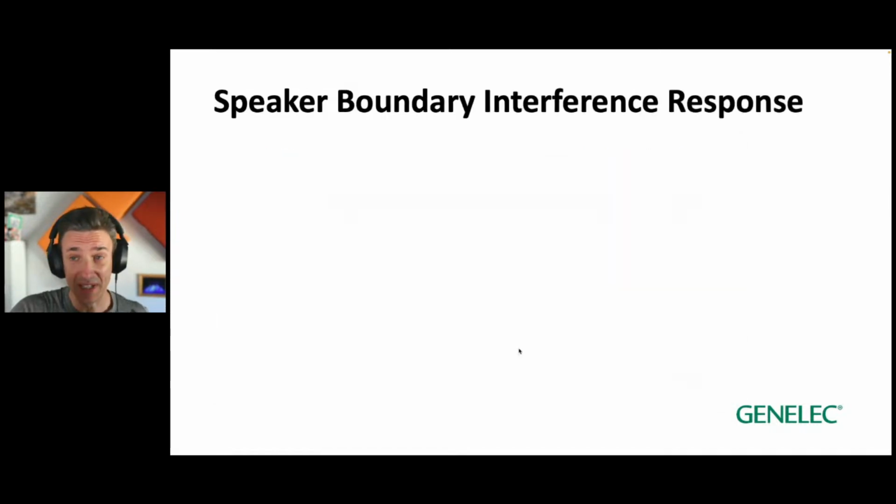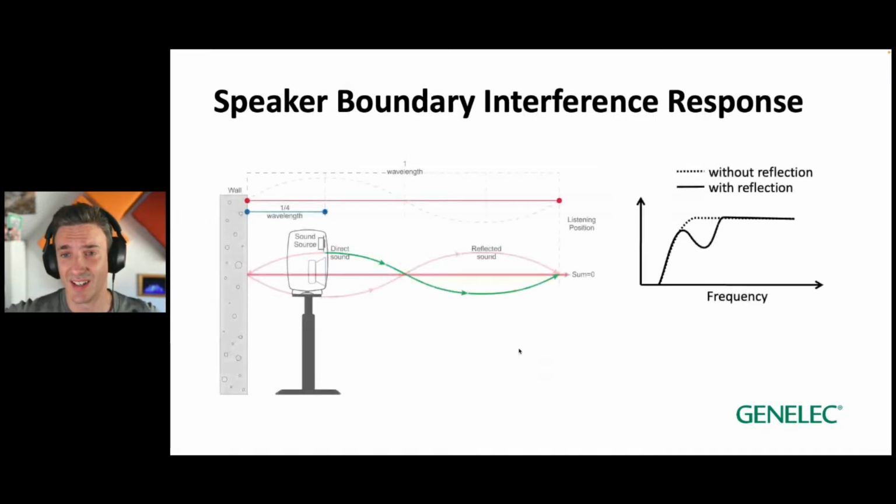And then, of course, the speaker boundary interference response. I already mentioned that several times, but I will do it again and again because it's very important, and it helps you to understand why you get these cancellations. This is the easiest example. You have a speaker standing at a distance from the wall behind it.